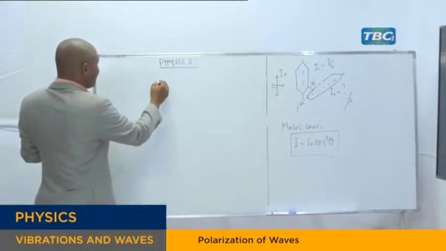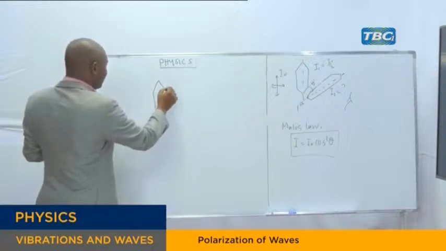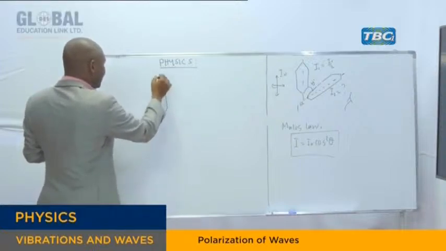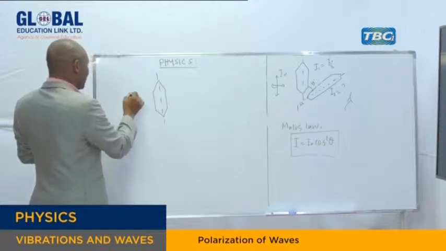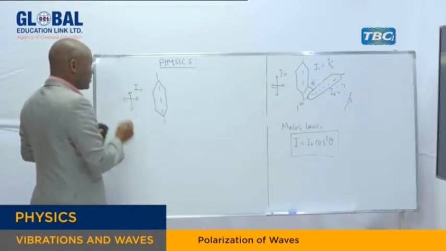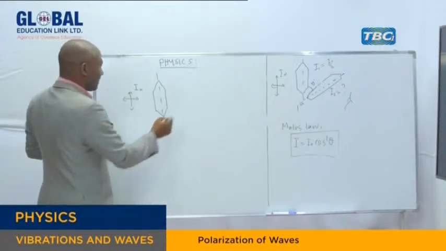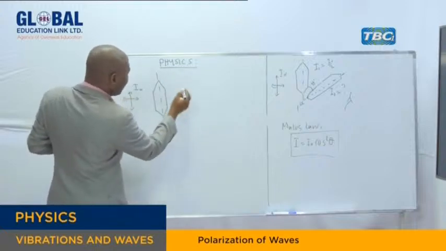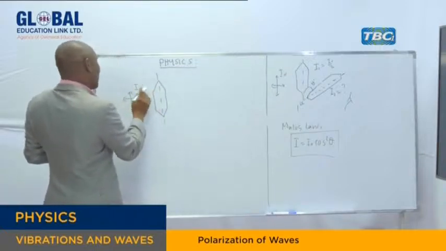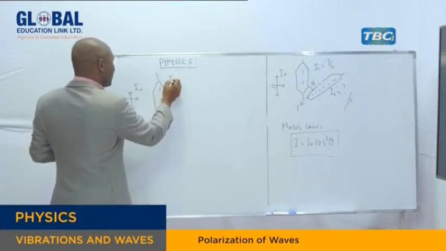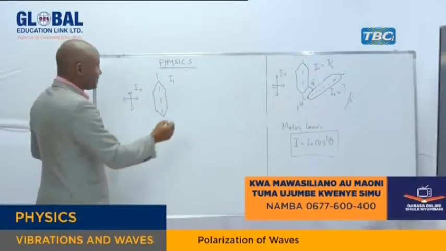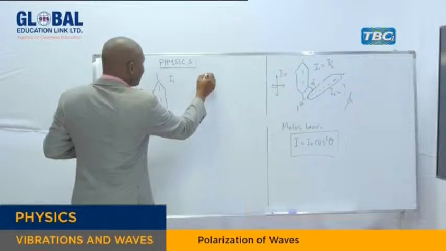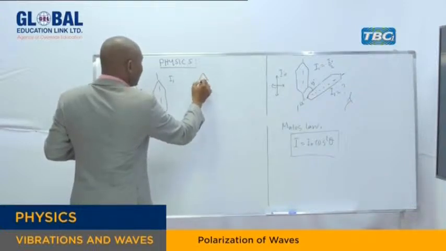The law says that if you have two polarizers here, that is the first polarizer, this is unpolarized light whose intensity is I naught. And now from here, let's take this is our I1, the light which is transmitted.